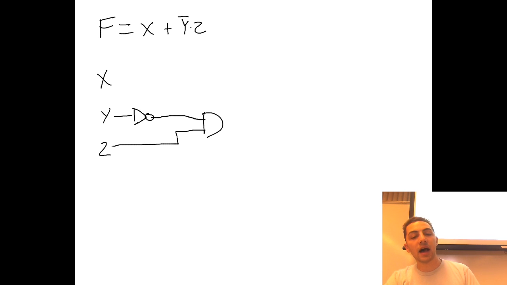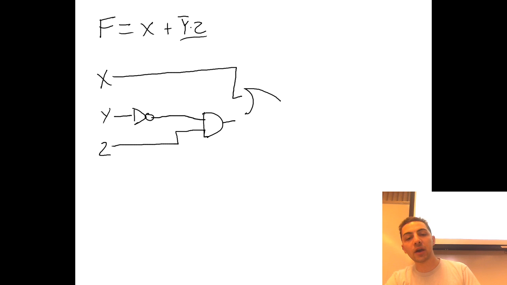So I've got over here X and Y and Z. Now, I'm going to AND together Y and Z, but I'm really not doing Y, I'm doing Y naught. So I've got to invert Y first, and then I can AND those two things together. Finally, I OR the result of this AND gate with X.